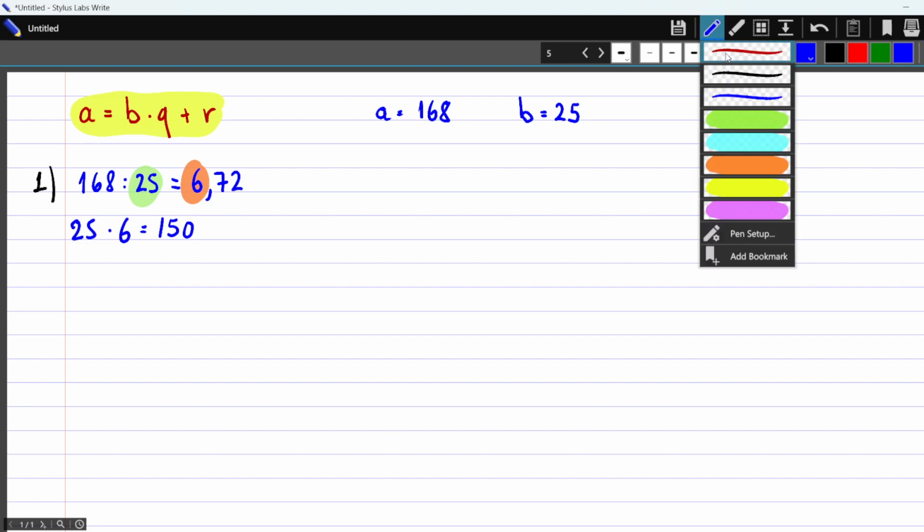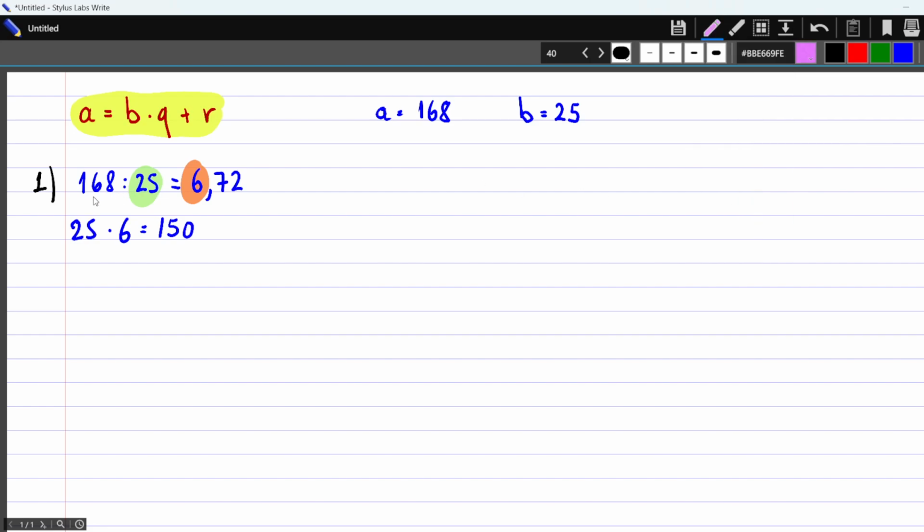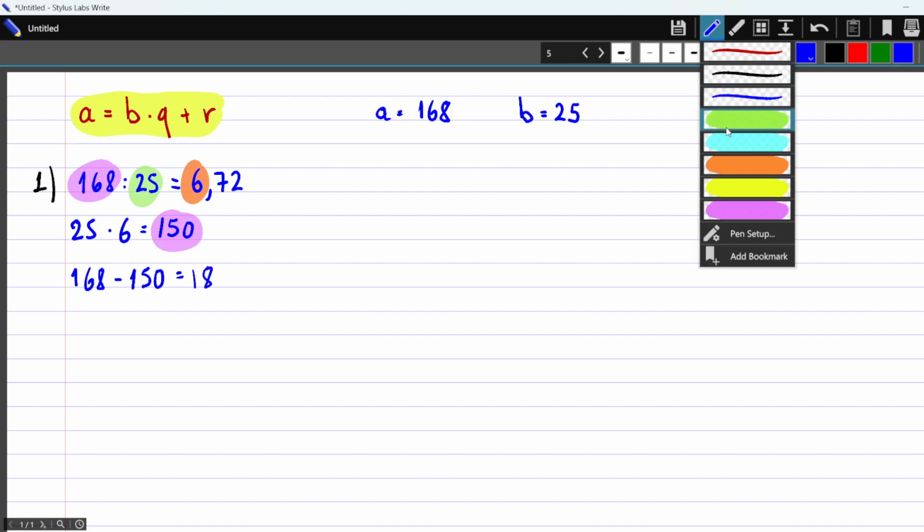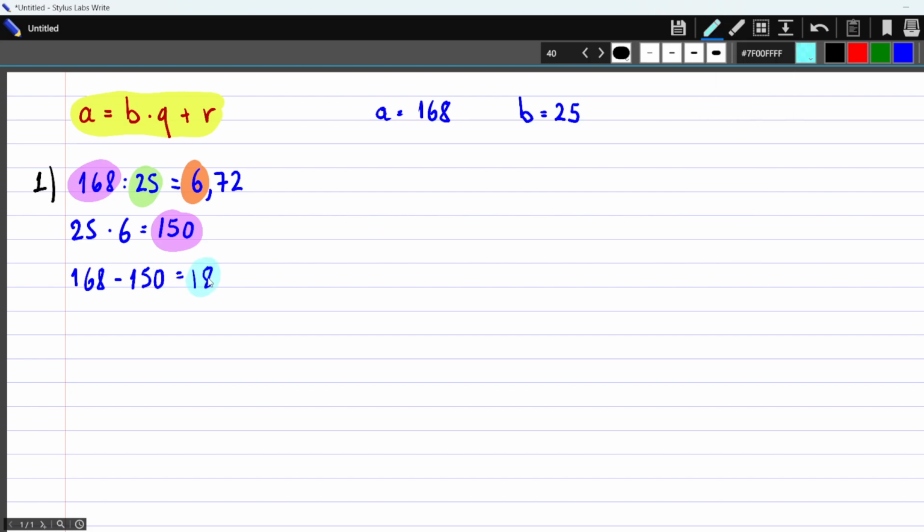And what's left is that we need to do this thing here: 168 minus 150, which is 18, and this number here is the remainder.